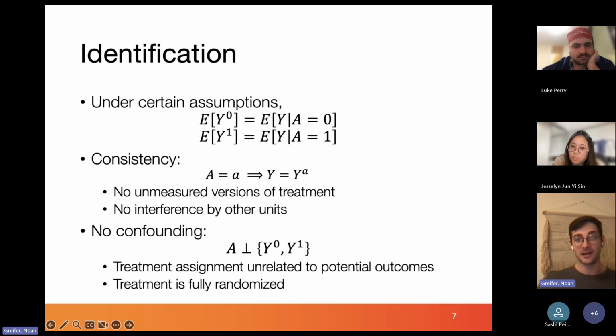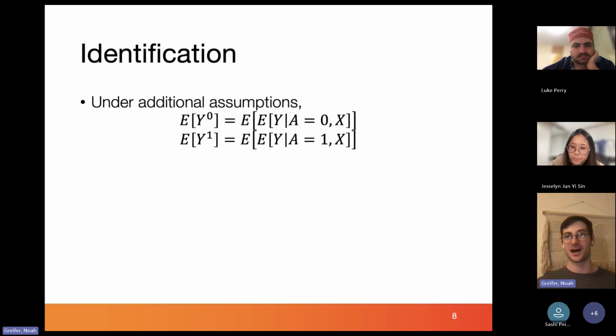And in those scenarios, we can estimate these expected potential outcomes from the observed data. So that's a really amazing thing about randomized trials, and that's why they're so powerful. Unfortunately, though, we often can't run a randomized trial. It may be unethical or impossible, but fortunately, we're not stuck.